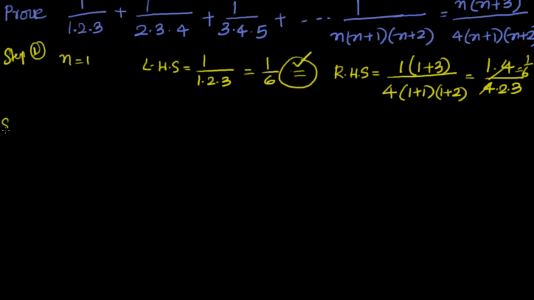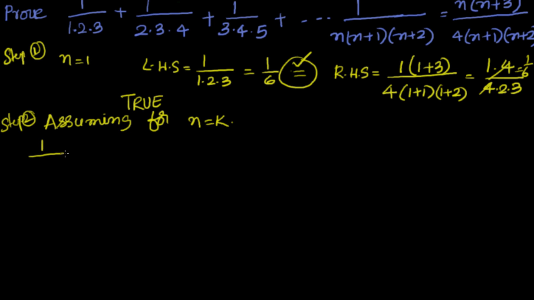Now let's go to step 2. Assuming it's true, what's true? LHS is equal to RHS. For n equal to k, we'll have 1 by 1 into 2 into 3 plus 1 by 2 into 3 into 4 plus, up to the kth term.